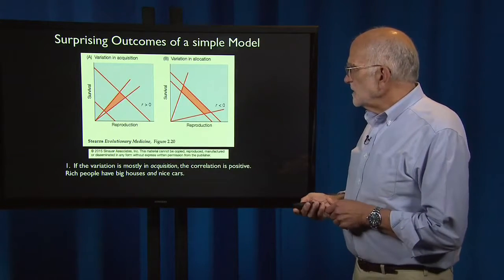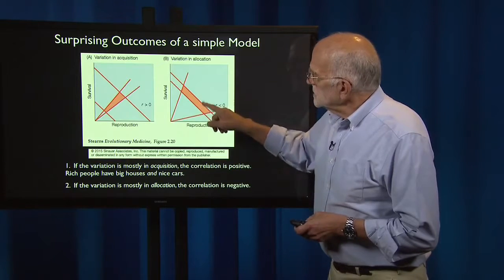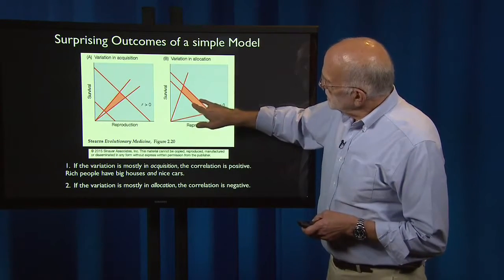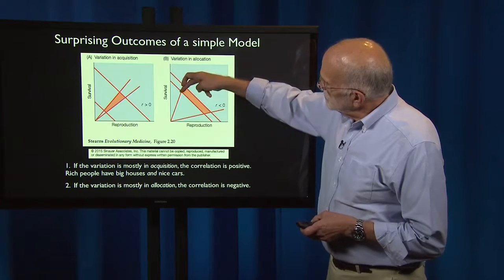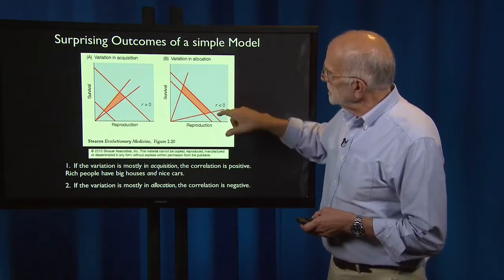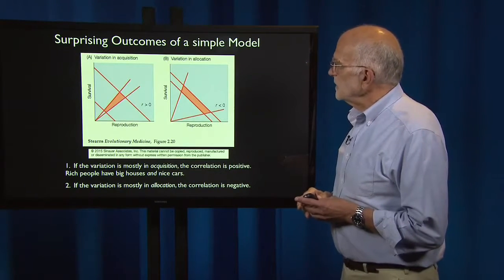If, however, the variation is mostly in allocation, then there's not too much variation in acquisition, and most of the variation then is in this region here, leading to a negative association between reproduction and survival.